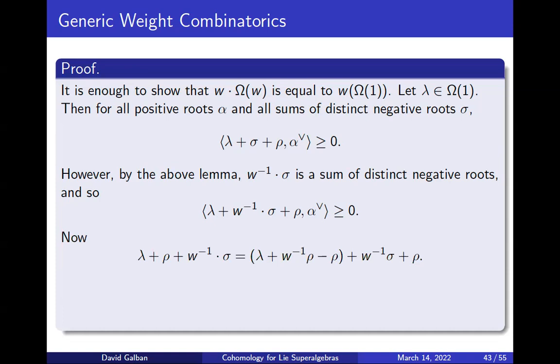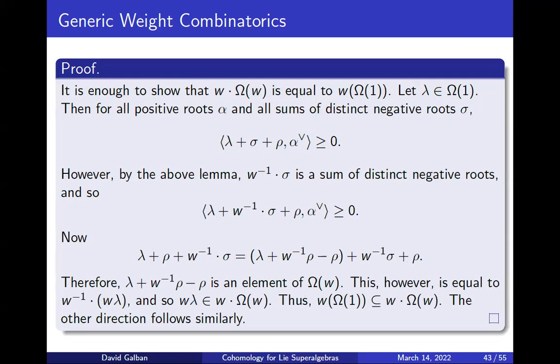And then just manipulating this expression somewhat, we can rewrite it as just lambda plus W inverse rho minus rho plus W inverse sigma plus rho. And so based on the definition of omega W, this is going to force lambda plus W inverse rho minus rho to be an element of omega W. This, however, if we just look to see what this is going to be equal to, is W inverse dot omega W with the regular action here.